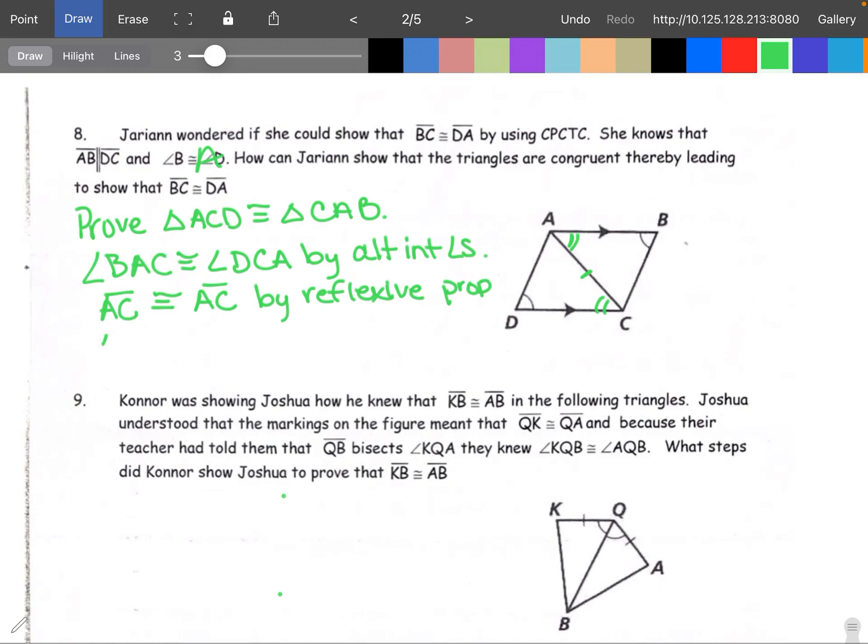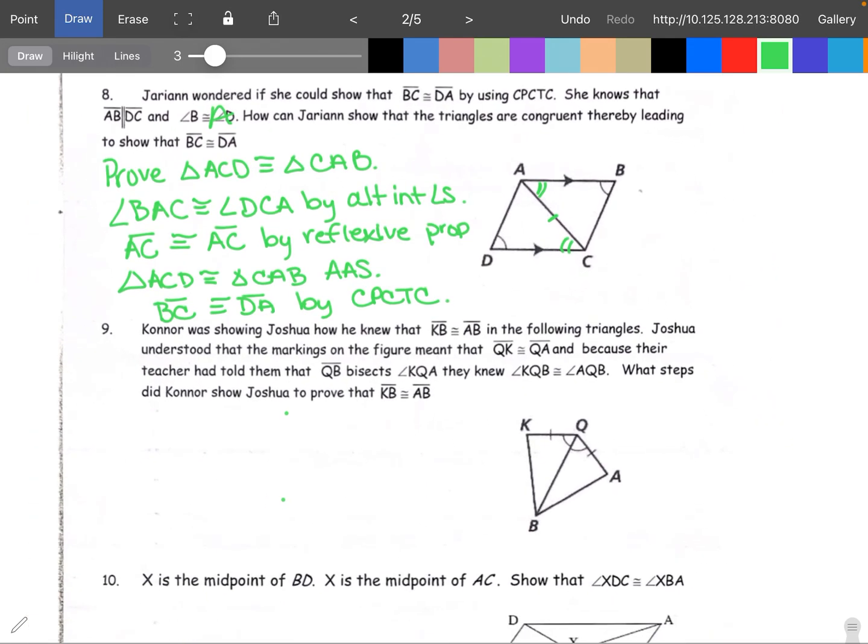Okay, so my triangles are congruent to each other by angle, side. Okay, so now I have enough information to prove that BC is congruent to DA by CPCTC.